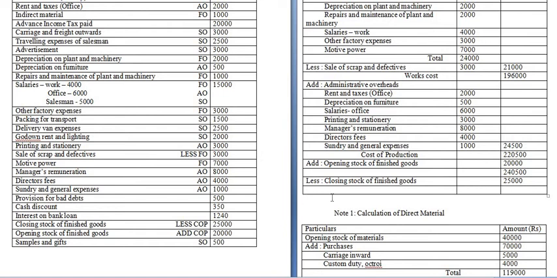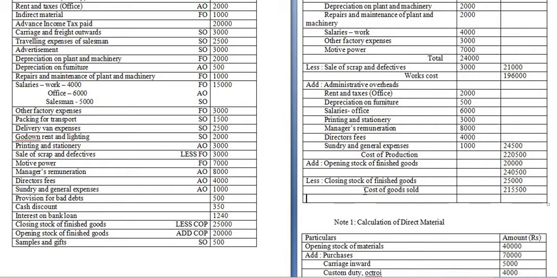This is called as cost of goods sold. Cost of goods sold. Okay. So here the balance is how much? 2,15,500. Understanding?